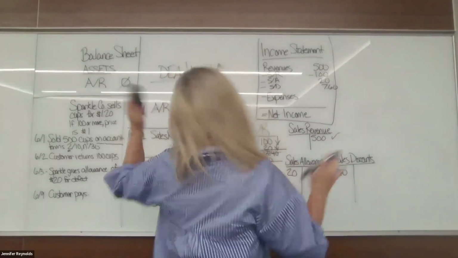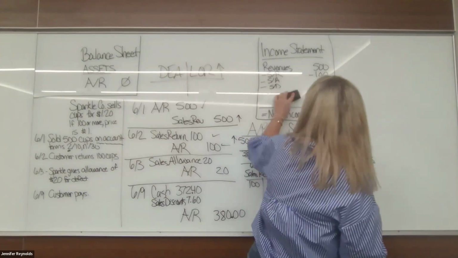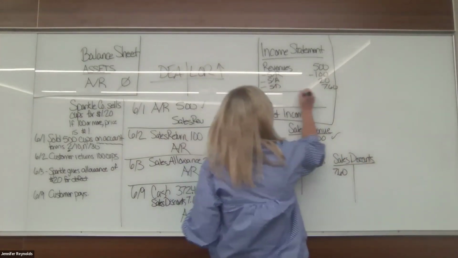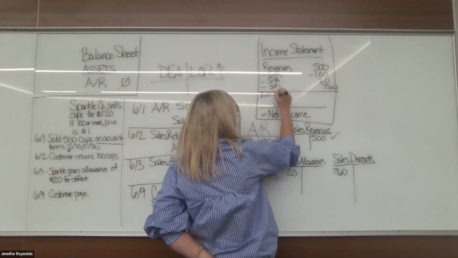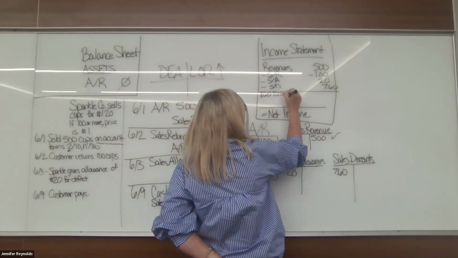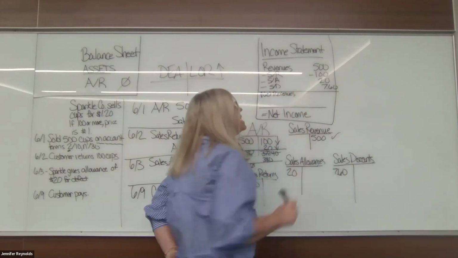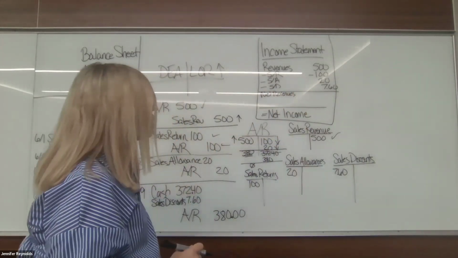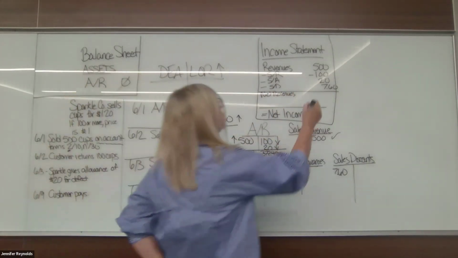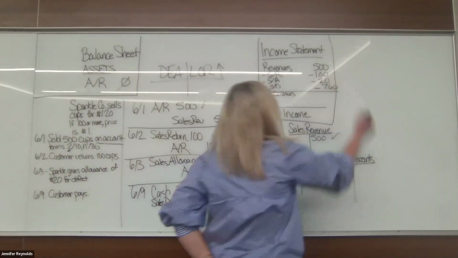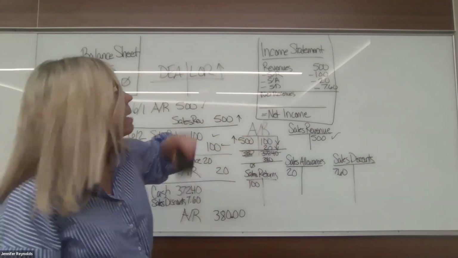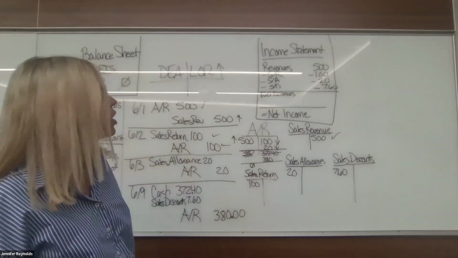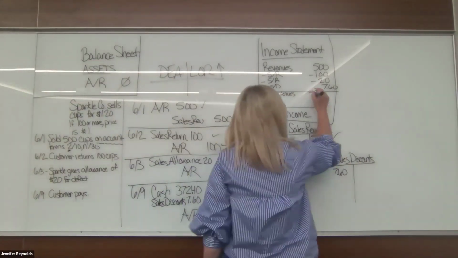Erase this to give myself some room. And we have another new term, tons of new terms in this chapter. We are going to call this net revenues. So our net revenues are 400 minus the 20, 380, minus the $7.60, 372.40.